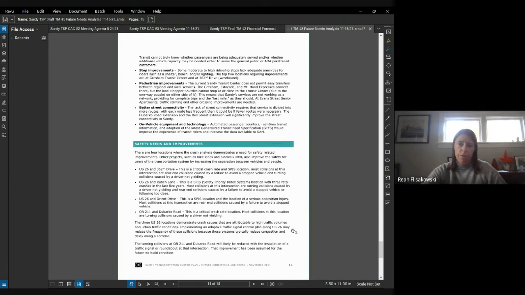So the improvement we were recommending was putting in the adaptive control system. That could really help with a lot of these rear ends and has the benefit of delay reductions as well. But other than those, there are really no obvious safety countermeasures that we would be recommending at any of the locations, based on diving into the details.